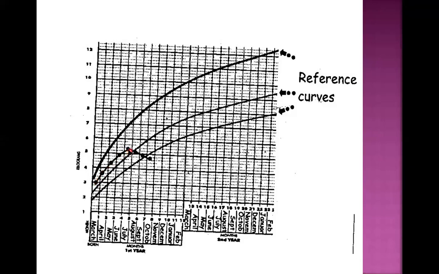But something has happened here, and suddenly the direction of the graph is going downward. This is called loss of weight. Probably the baby is sick for a certain duration, so the nutrition of this baby is not good enough. This type of information can be obtained by this graph. Very, very important in pediatrics.